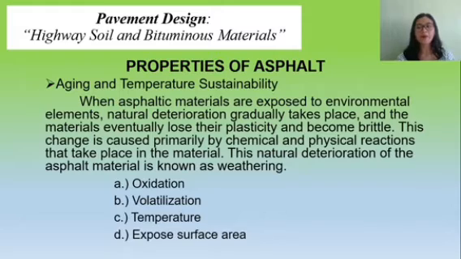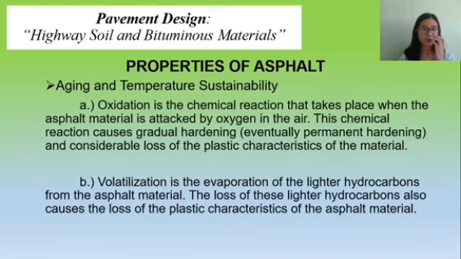Some of the influences of the weathering are the oxidation, volatilization, temperature, and exposed surface area. So first we have the oxidation. Oxidation is the chemical reaction that takes place when the asphalt material is attacked by oxygen in the air.